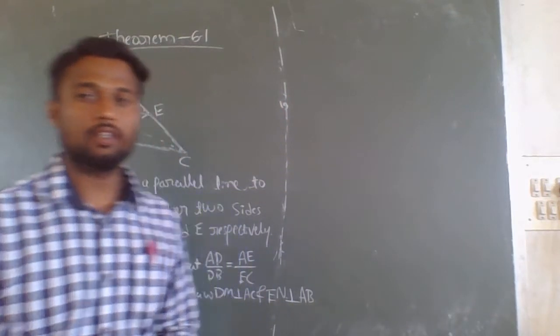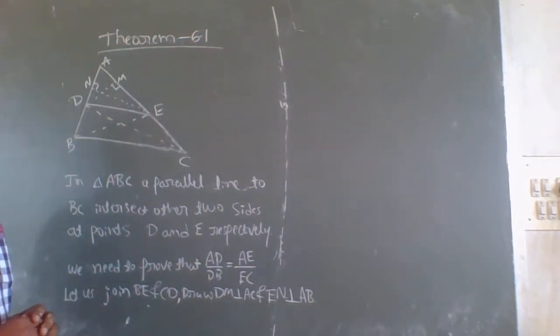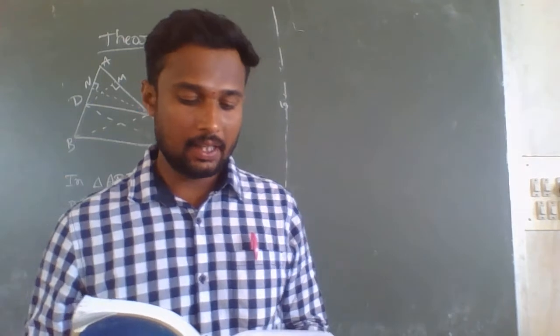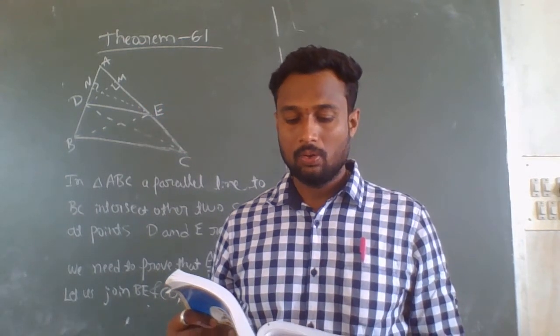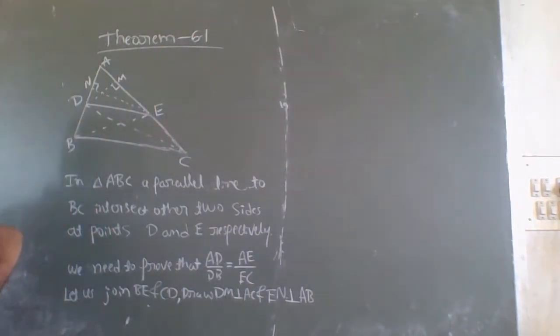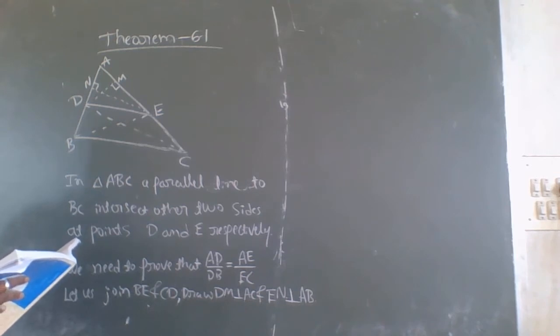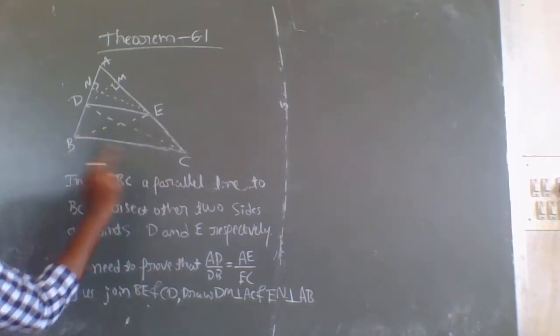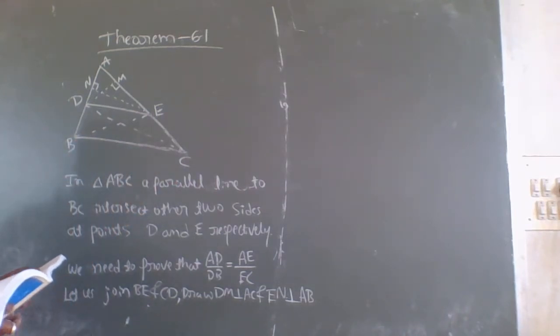So now I will continue with theorem 6.1. Here what I have given: if a line is drawn parallel to one side of a triangle, so here in this diagram, if a line DE is drawn parallel to one side of the triangle, parallel to one side of the triangle means DE is parallel to BC, to intersect the other two sides in distinct points.